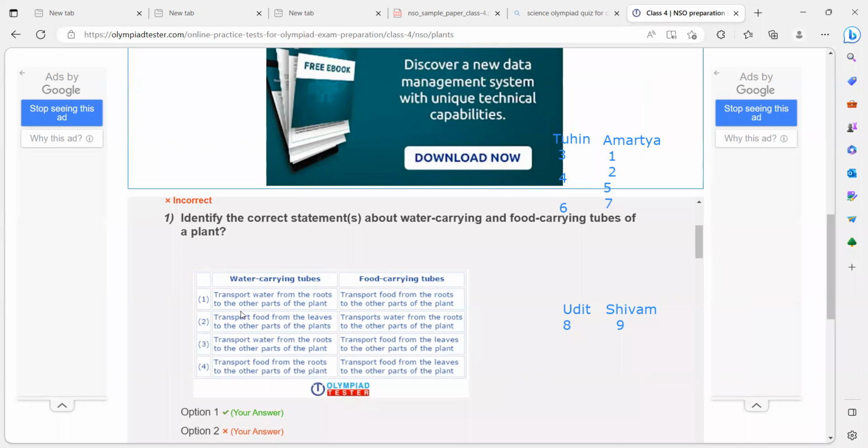Yes, ma'am, the water carrying tube will not be able to carry food. Again, the food carrying tube will not be able to transport water. Is it clear to both of you? Yes, ma'am. So Amartya has got, for 1, 2 marks, not 3. Okay, now the next one.